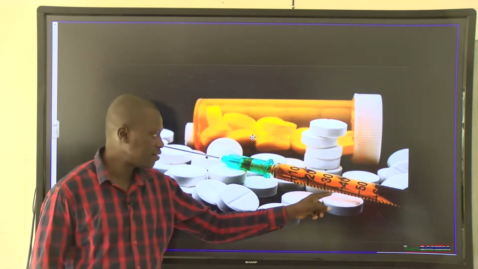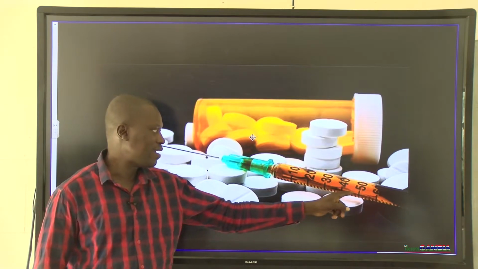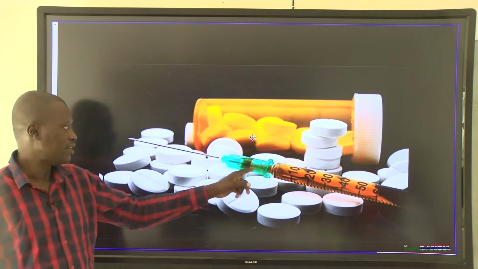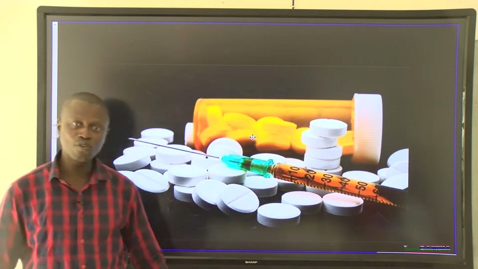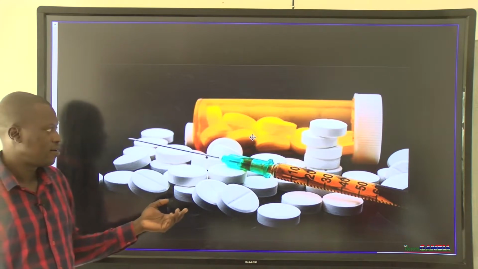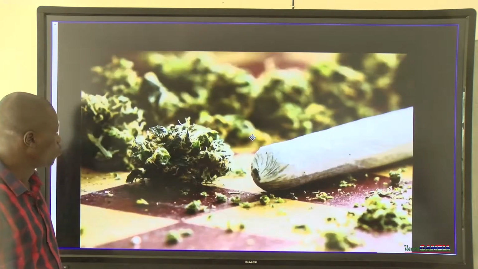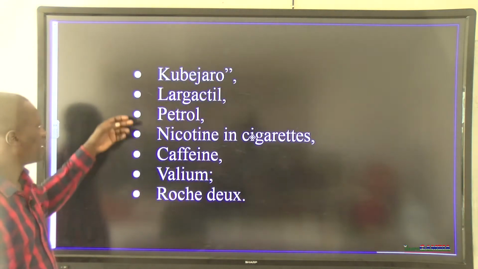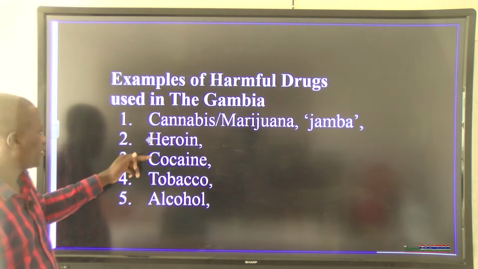What are we seeing here? We are seeing the syringe, the needle, which is used by the abuser when it comes to the use of cocaine and heroin.